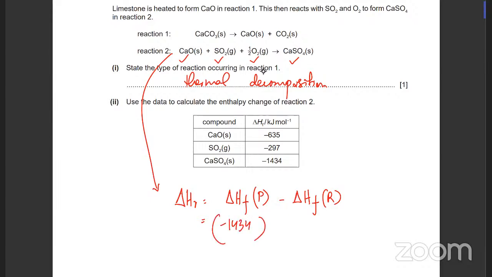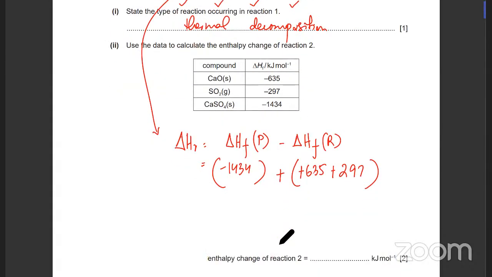Put large brackets around it, minus the reactants, which are calcium oxide, that's minus 635. There's only 1 SO2, so that's minus 297, and O2 is 0. So this side would become all positive. So what is the answer that we are getting for this? Minus 502.